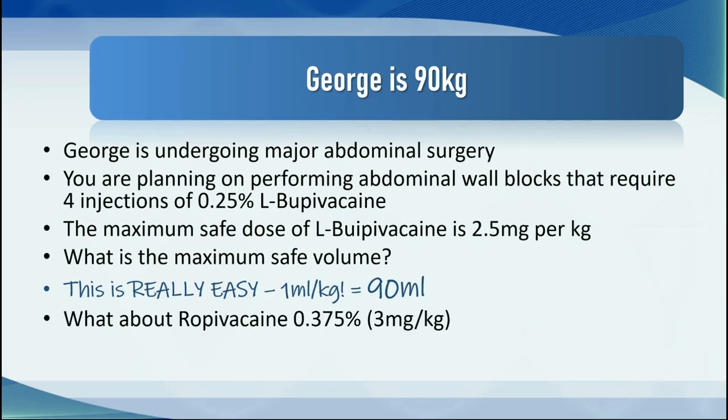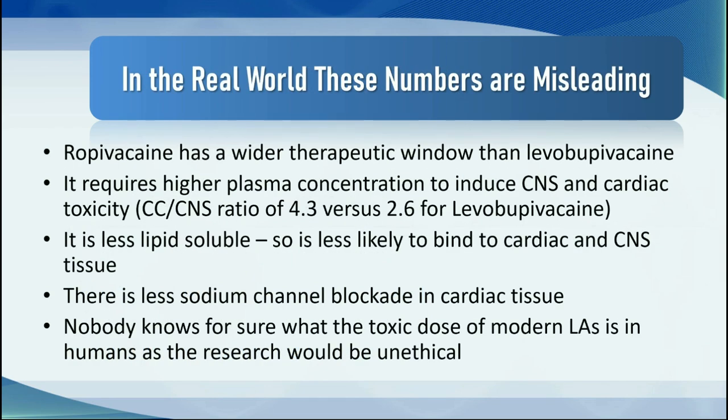But if you're going to use ropivacaine, 0.375% or 3 milligrams per kilo, and you can work this out, the maximum safe dose using these numbers is only 72 mils. So that's substantially lower volume than you would give with levobupivacaine, and that is not what happens in the real world. Nobody believes that ropivacaine is more toxic than levobupivacaine, and there's a good reason for this.